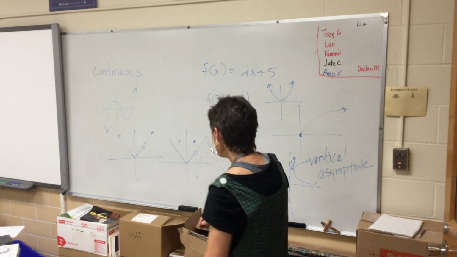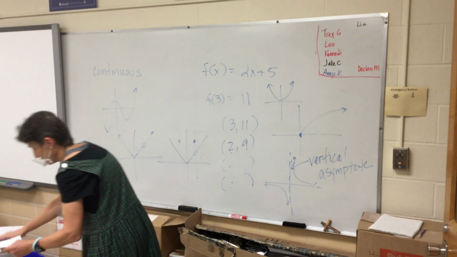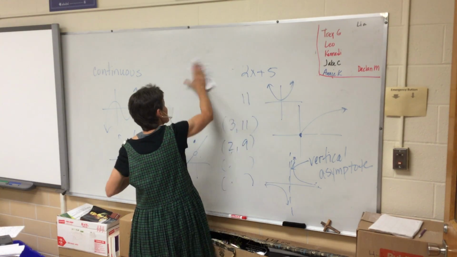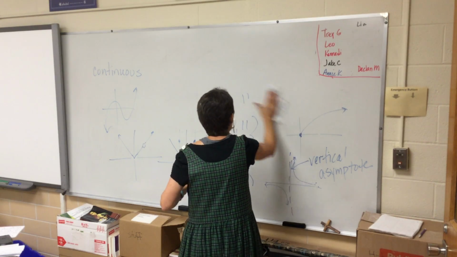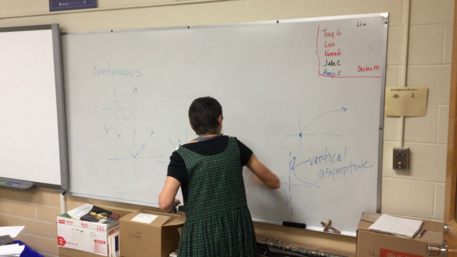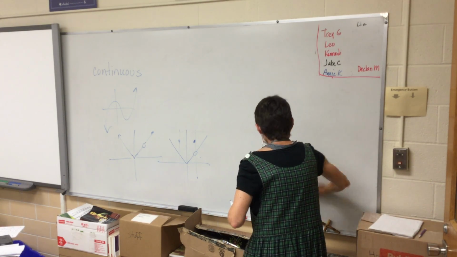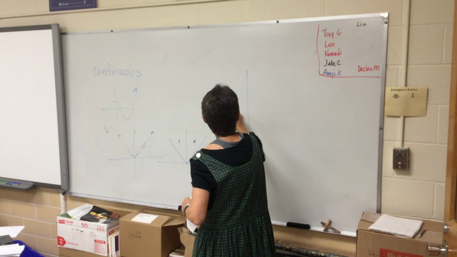All right, and then we have what's called a jump discontinuity. These are my personal least favorites. And the most famous jump discontinuity is one you've seen before, I think.